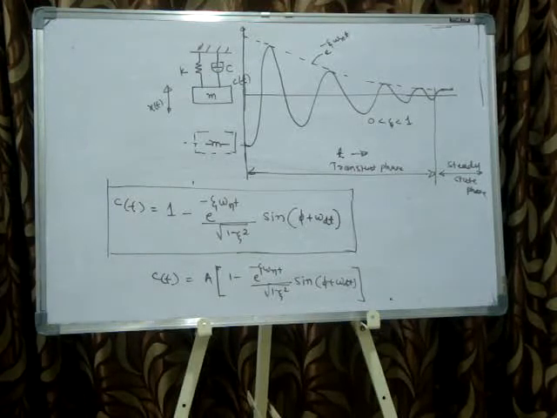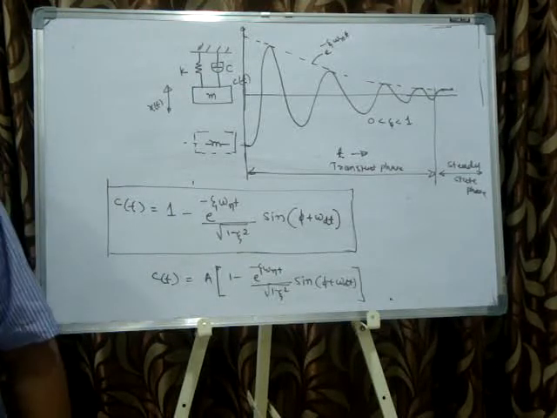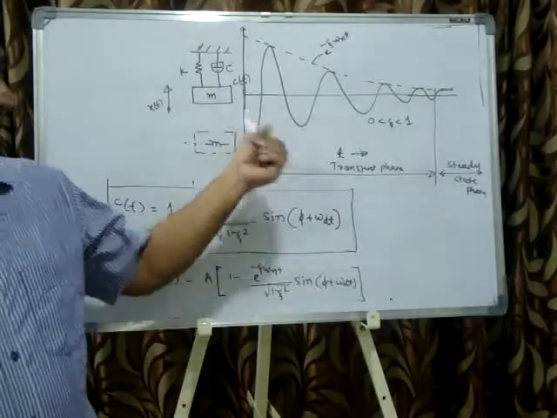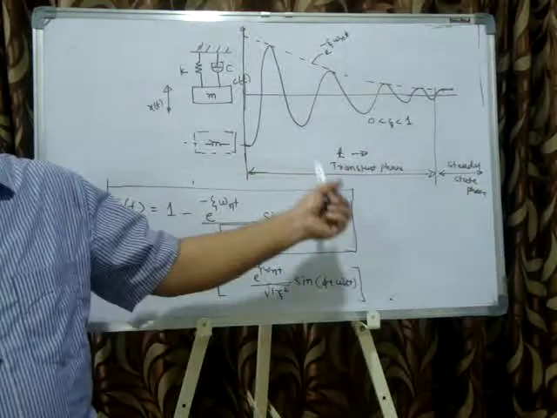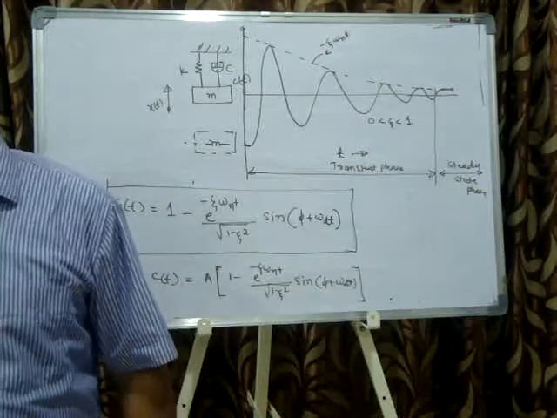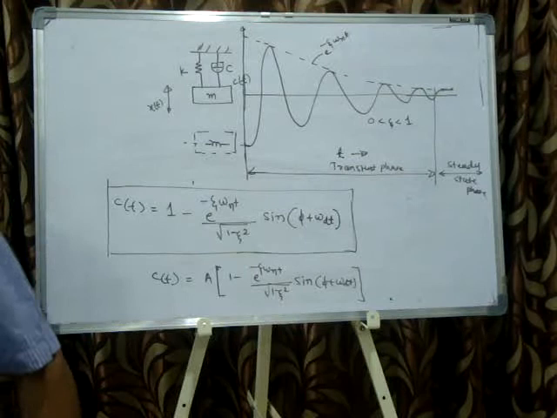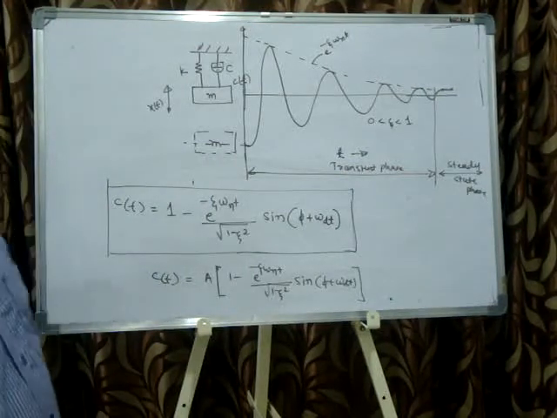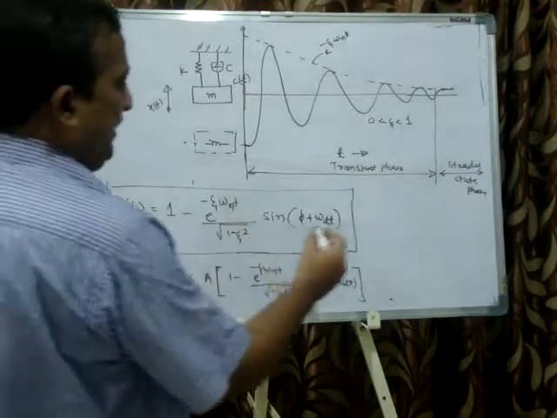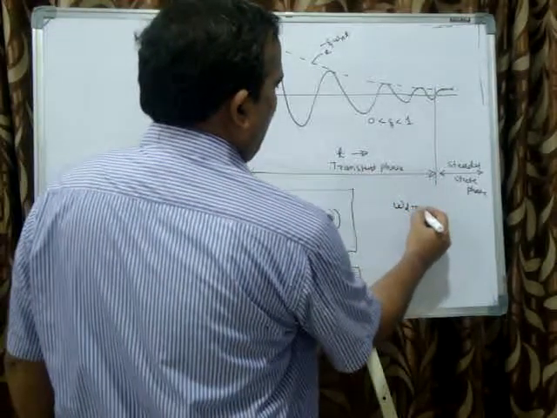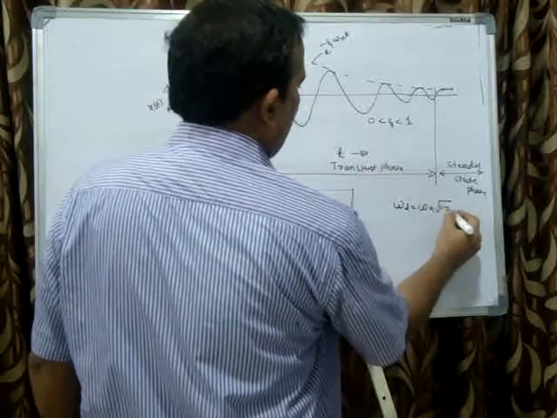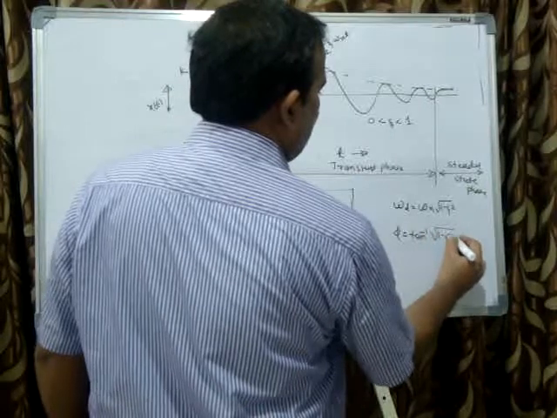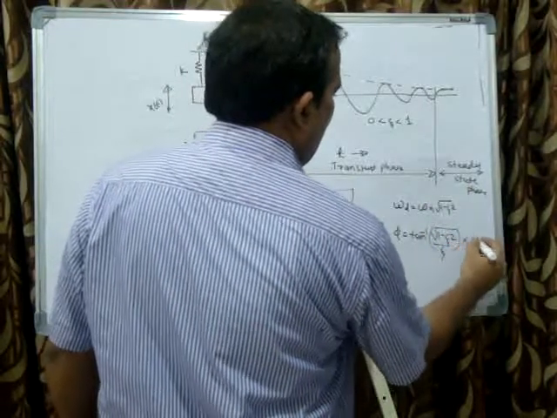I hope you understood the time response of second order system. You learned the final equation, the graph, the transient system and the steady state system. And you learned that omega d is equal to omega n root of 1 minus zeta square, and phi is equal to tan inverse of root of 1 minus zeta square divided by zeta, into pi by 180.